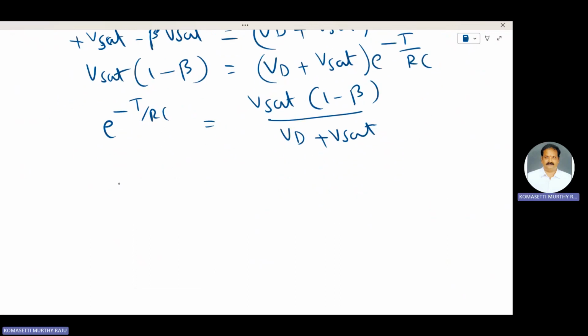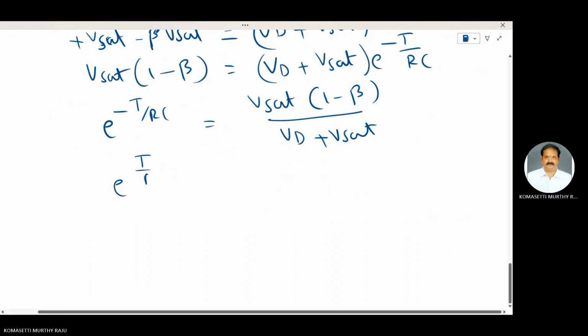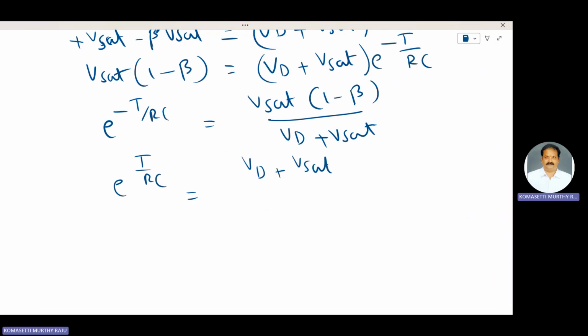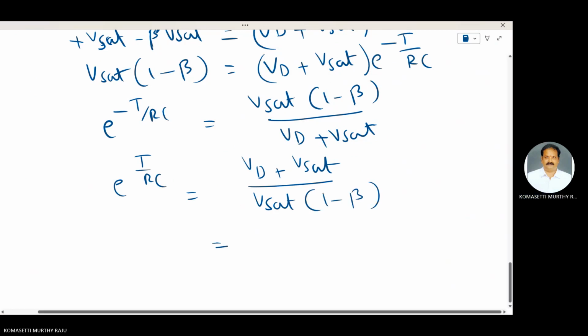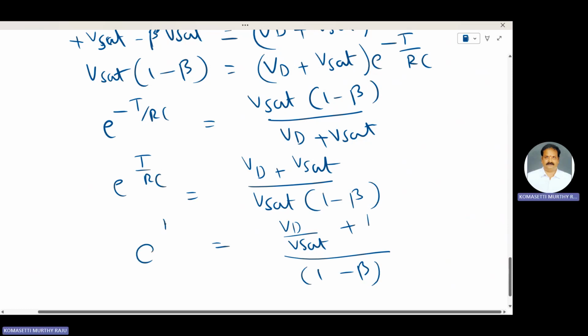Reverse this one: e power t by RC is equal to Vd plus Vsat by Vsat into 1 minus beta. Vsat is a common term: Vd by Vsat plus Vsat by Vsat is 1, over 1 minus beta.